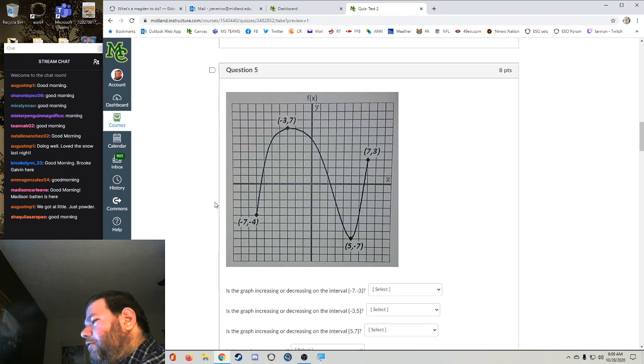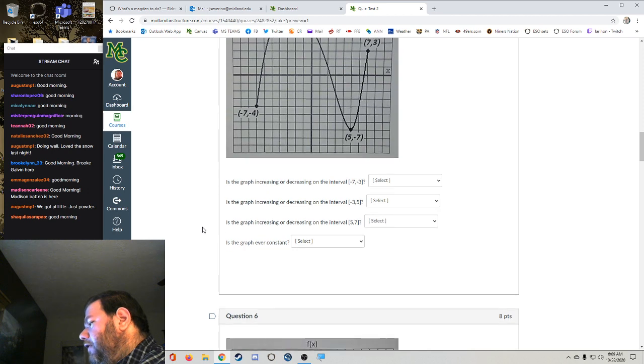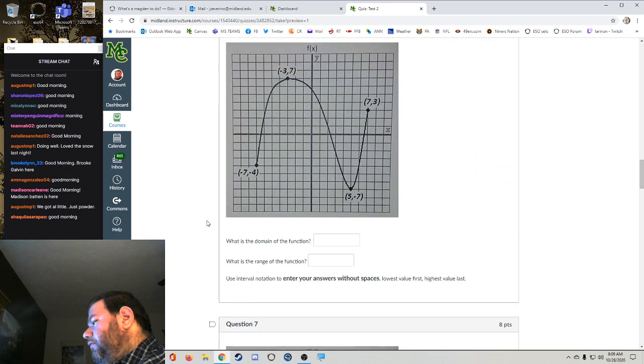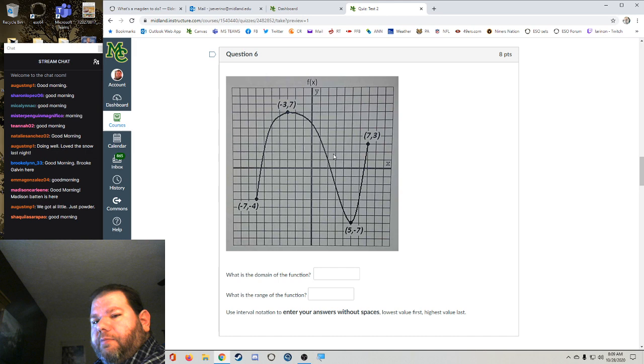I think the majority of people got 8 points here, although some missed 1 or 2 parts for various reasons. On the domain here, most people got the domain. A number of people didn't get the range.